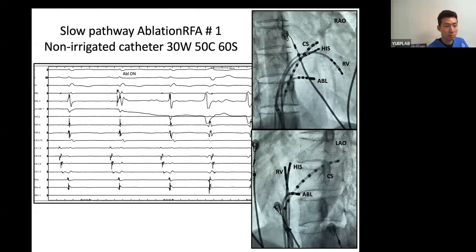Okay, what's wrong with this picture? I assume one is RAO, the other is LAO view. Okay? Yeah. Why is your ablation catheter on the same line as the His in LAO view? That's another way to locate the slow pathway.